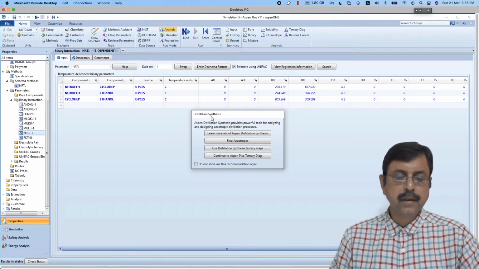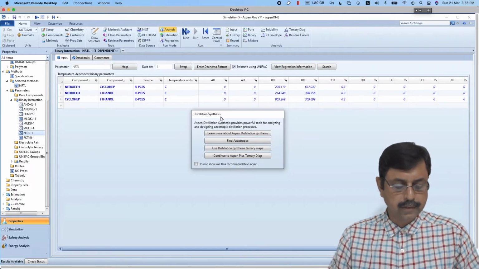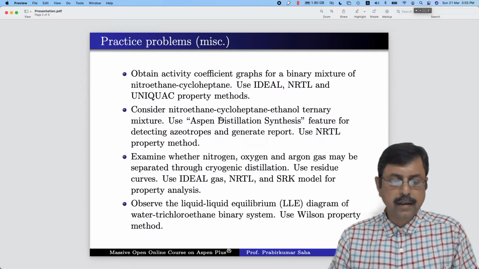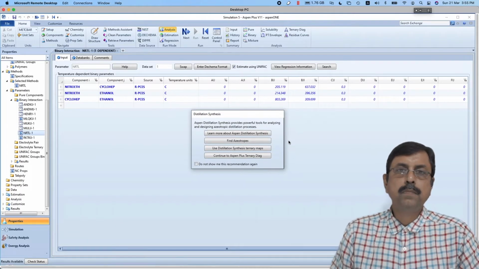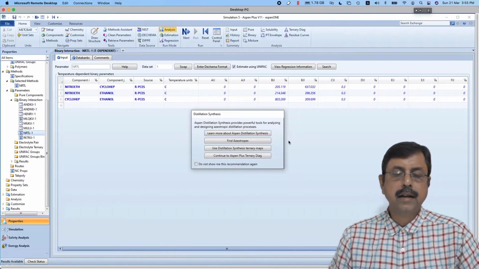The dialog box is distillation synthesis. So exactly that's what we are asked to do: use the Aspen distillation synthesis feature for detecting azeotropes and generating a report. So every time you press the ternary diagram button, this dialog box appears.